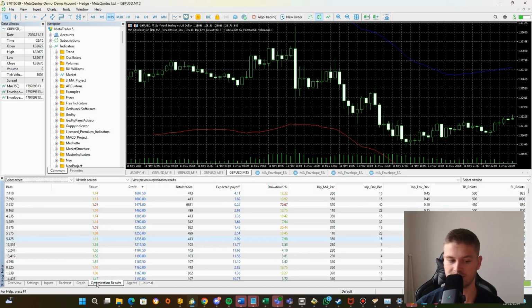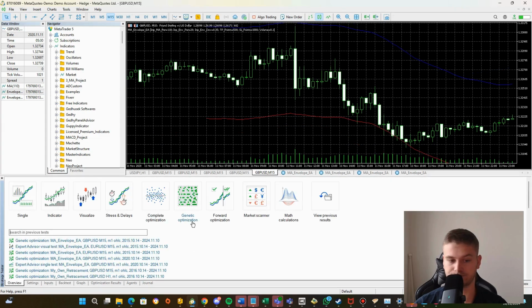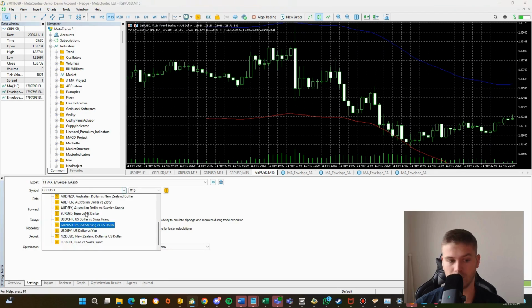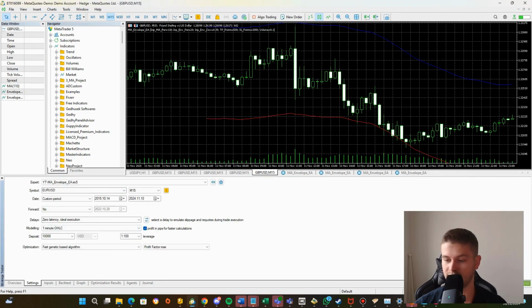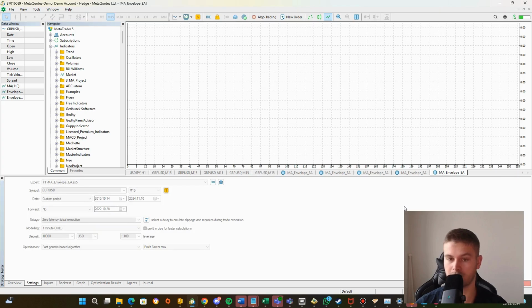What I want to see is that the EA can produce a nice profit factor. A nice profit factor can be something like 1.2 and higher. It also should produce a lot of positions and nice profit. So for GBPUSD, no. For GBPUSD, the prior version was performing much better.